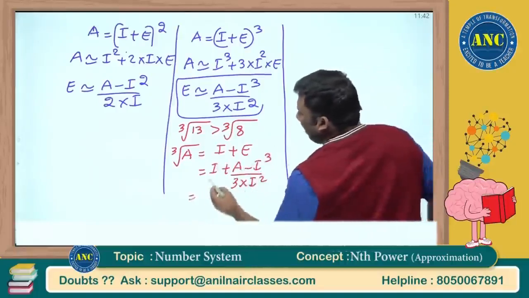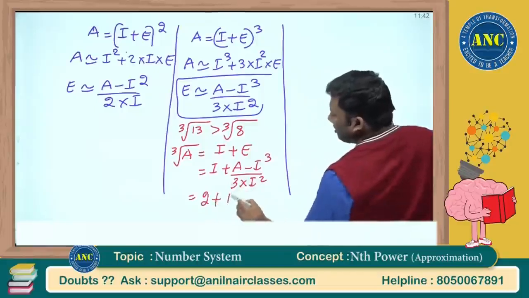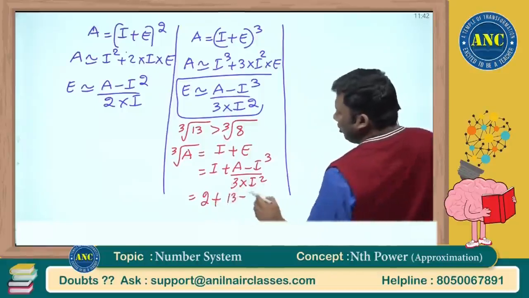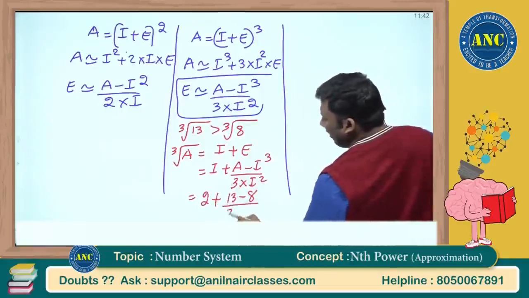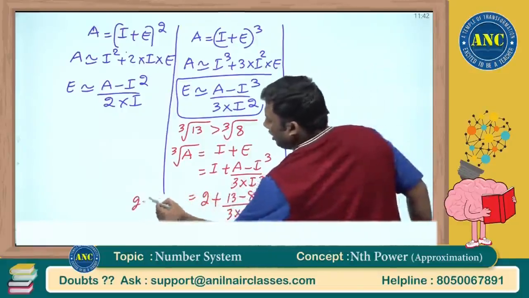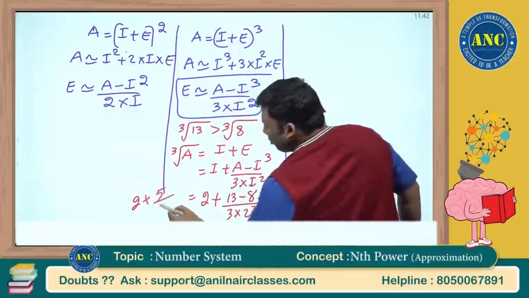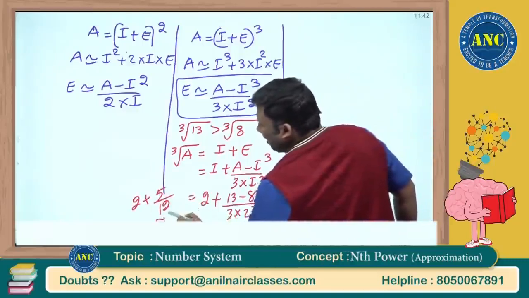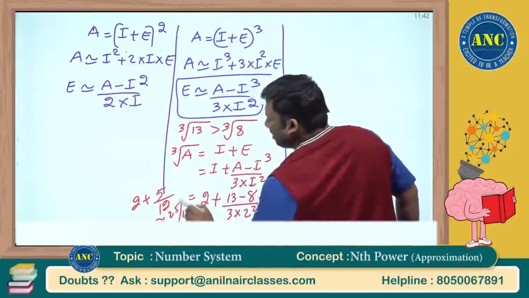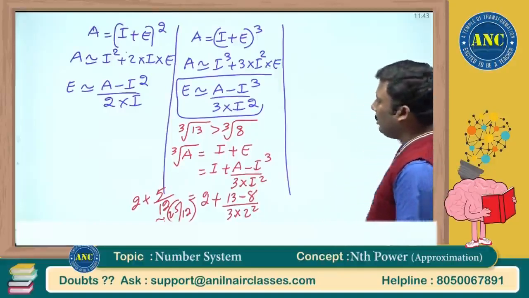I is the cube root of 8, which is 2. This is 13 minus 2 cube, which is 8, divided by 3 into 2 square. So the answer is 2 plus 13 minus 8 is 5, 4 3s are 12. Approximately 2 5 by 12 is the answer.